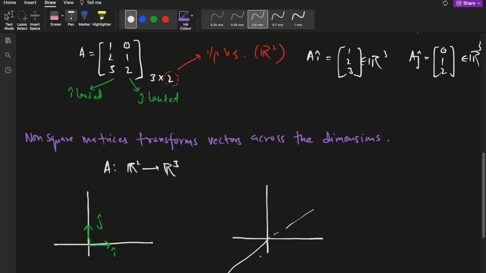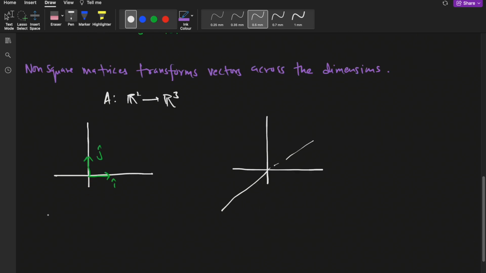The output vector space is 3D, R3. So this is the input vector space, which is R2, the XY plane. And this is the output vector space, which is R3, that is XYZ space.